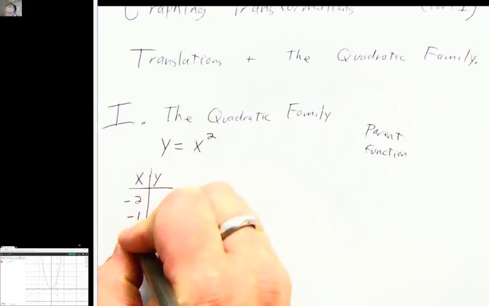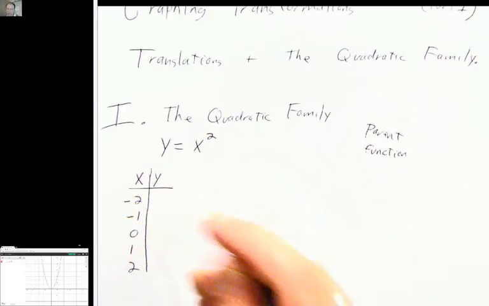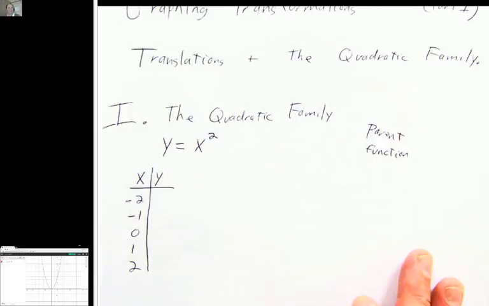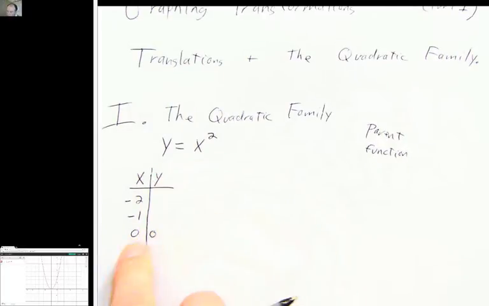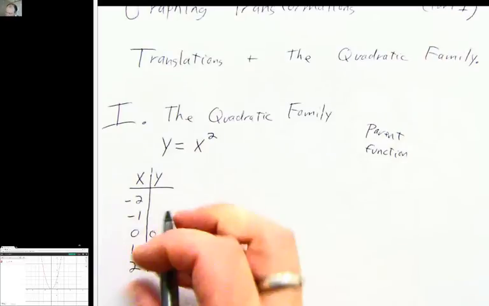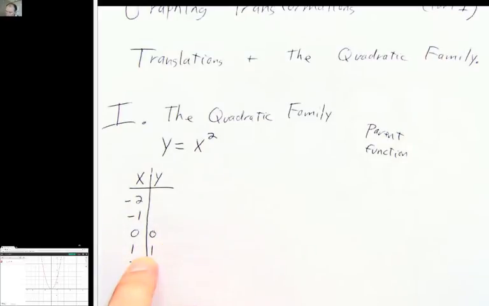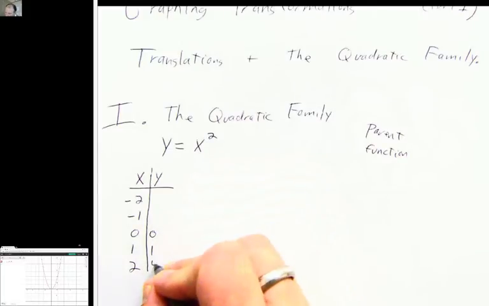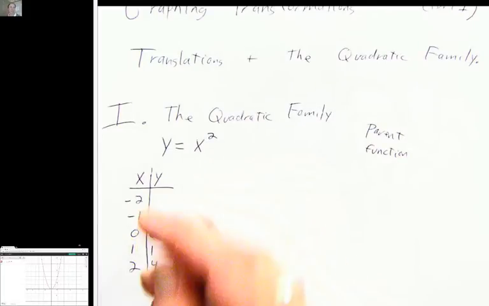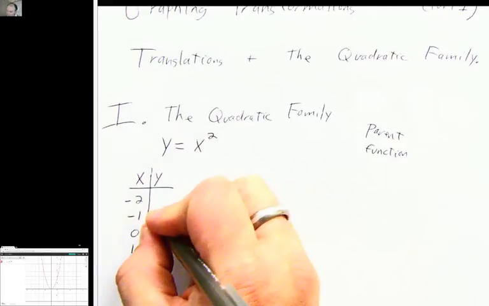There are 5 key points I'd like for you to graph whenever you're graphing a quadratic family graph. Your graph, of course, passes through 0, 0. It passes through 1, 1. If you plug 2 into it, 2 squared is 4. If I plug negative 1 into this, negative 1 times negative 1 is positive 1.